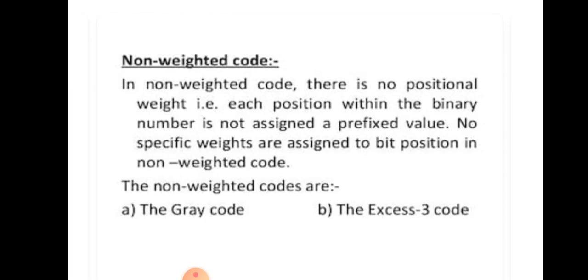Now the non-weighted codes are very important, that is Gray code and XS3 code. Many times you may get questions on these topics. So today we will see an introduction about these codes. What is the Gray code and what is the XS3 code?